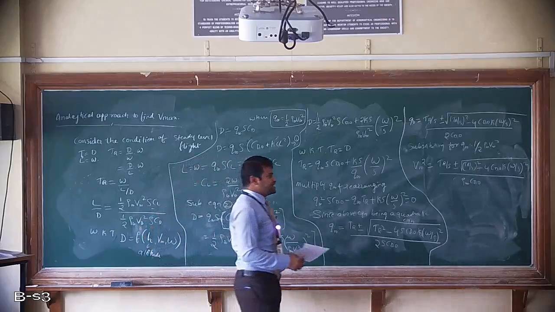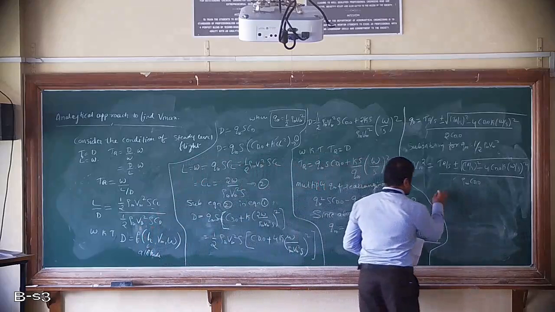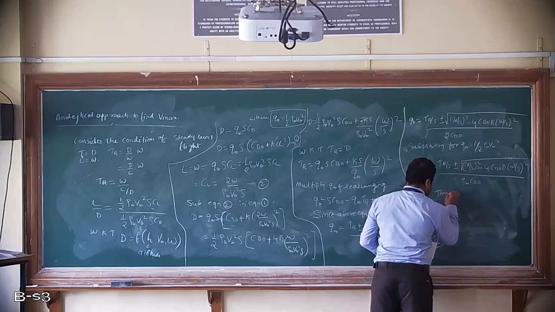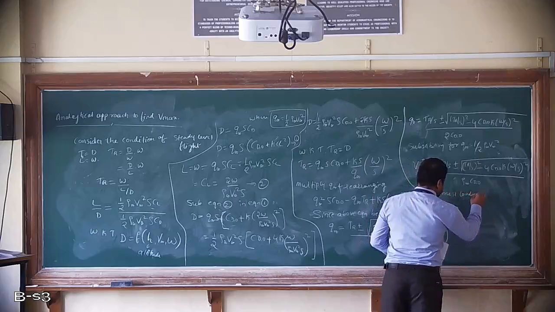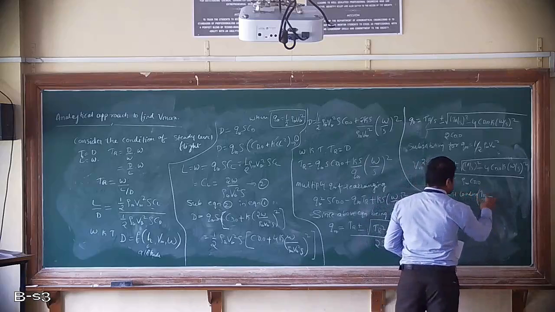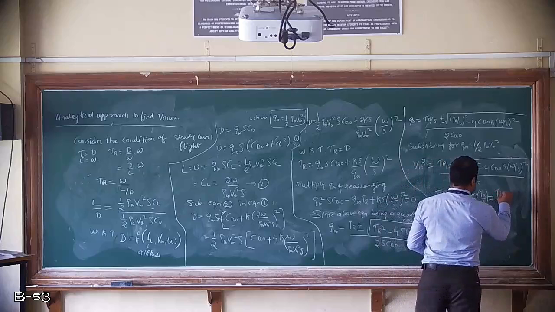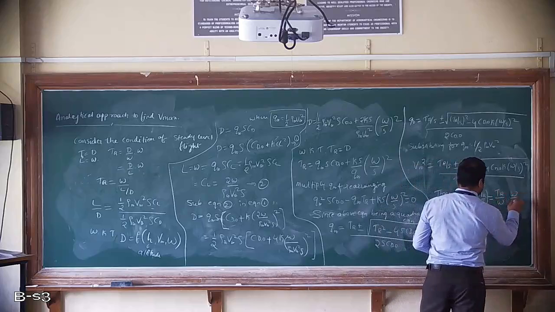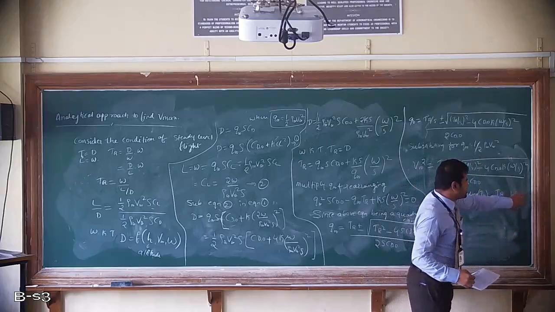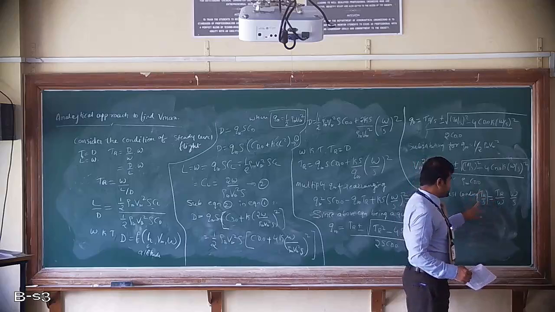So I'm taking that in terms of wing loading. Thrust loading TR by S can be written as TR by W into W by S. W by S is nothing but our wing loading.